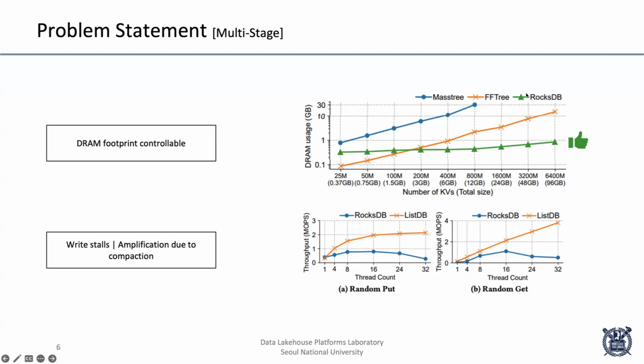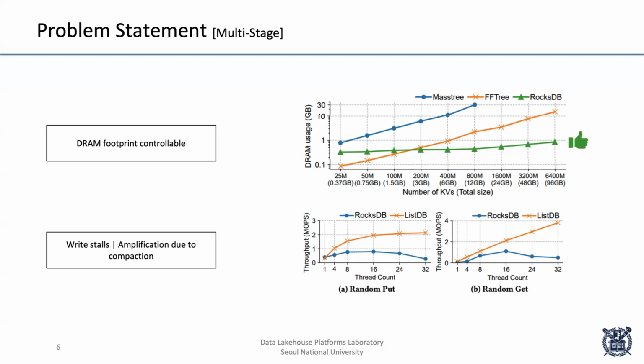These multi-stage indexes have a key drawback, which is I/O amplification. Each key value written by the user may have to be read and written multiple times because of multi-staging. And a read query may need to go through multiple stages to retrieve a target. So that's why you get poor performance for random get.